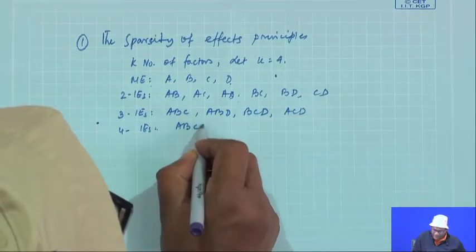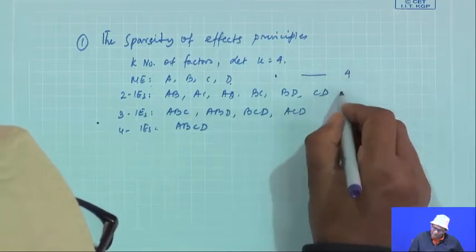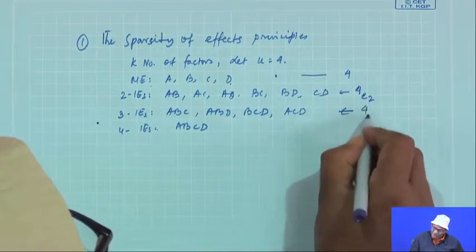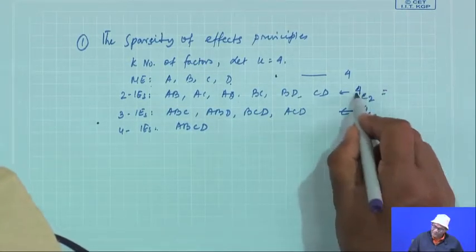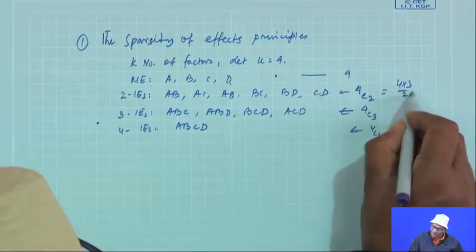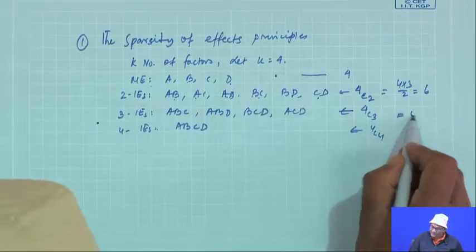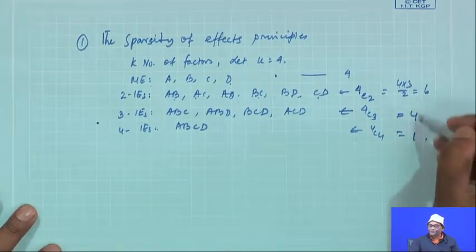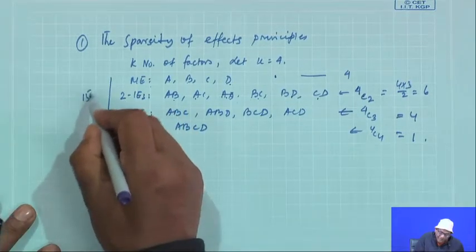ABCD. So, for k equal to 4, this will be 4 C 2, this is 4 C 3, this is 4 C 4. So, 4 C 2 means 4 into 3 by 2, it will be 6: 1, 2, 3, 4, 5, 6. This will be 4 and this will be 1. So, 6 plus 4 plus 1, 11, plus the 4 main effects, 15 effects will be there.